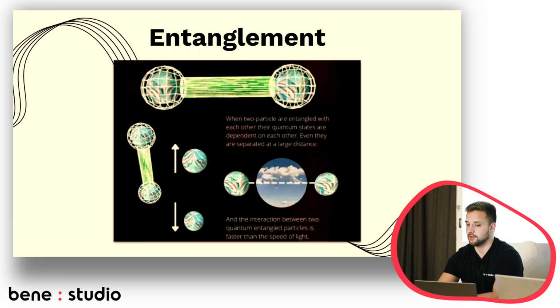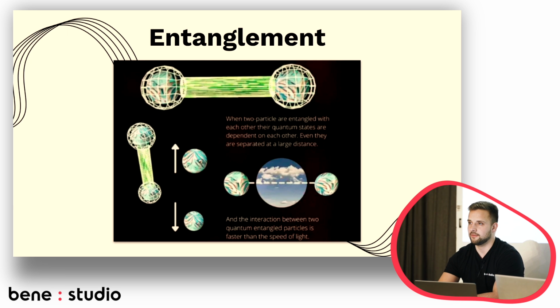In the quantum realm, particles can be entangled so that the state of one instantly affects the state of the other, no matter how far apart they are. This connection is so spooky that Einstein called it spooky action at a distance.